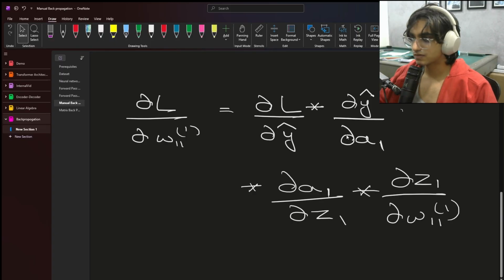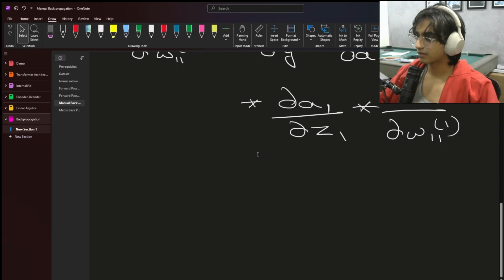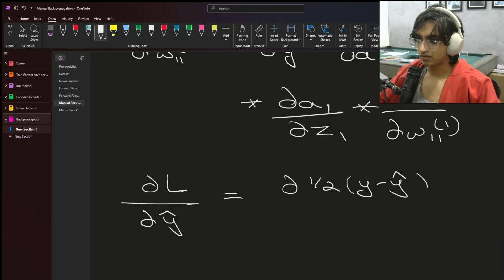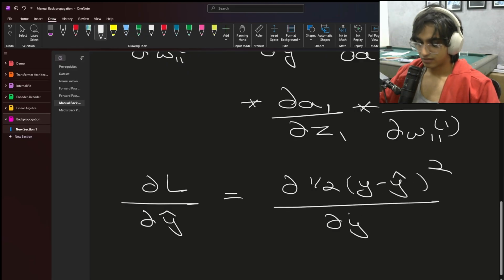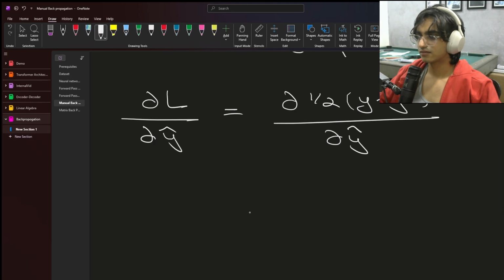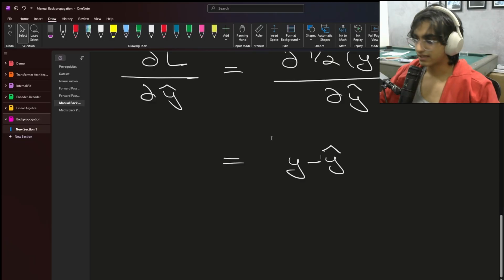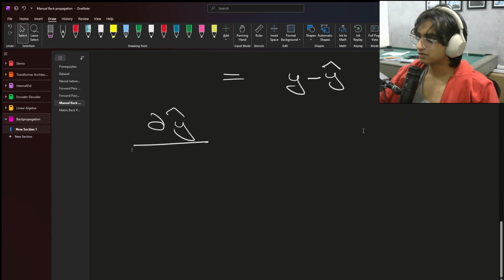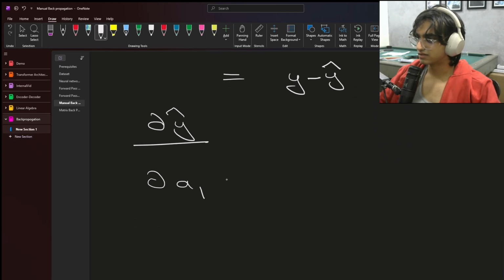So how is that going to work? del L by del y cap is the derivative of half of (y minus y cap) the whole squared by del y cap. So the derivative of this is just y minus y cap. Then we need del y cap with respect to del A1.